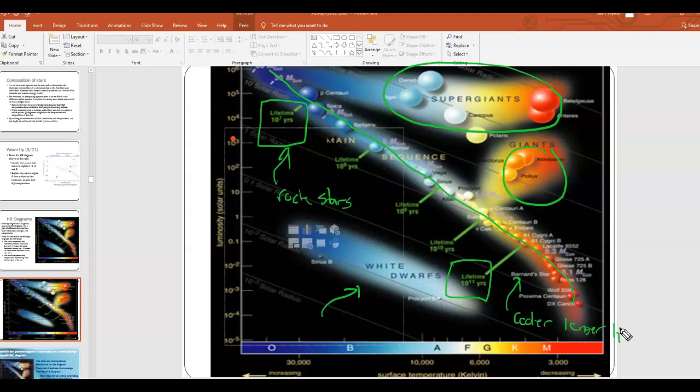Okay, so because they're not as hot, they tend to last a lot longer. Even though they have less mass, they don't burn through it as quickly. And basically the reason for that is because the more mass you have, the more everything is compressed, the higher the rate of fusion is. And the higher the rate of fusion, the more you use up that fuel. And so the faster the star dies. Okay, so I'm going to erase this.